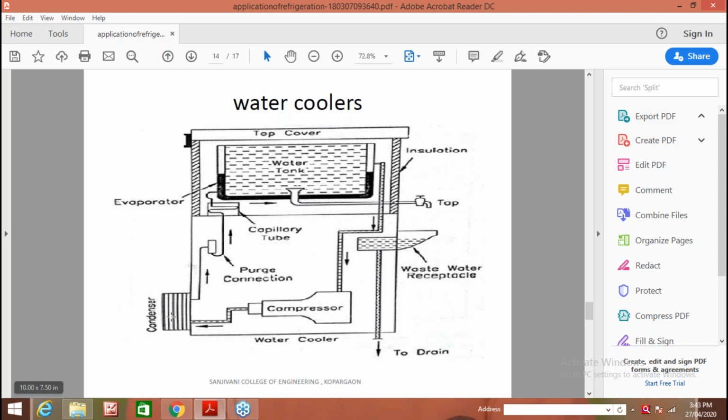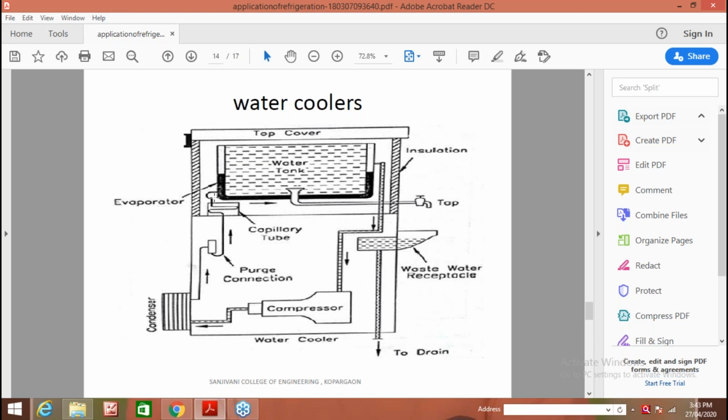Now this liquid refrigerant with high pressure goes to the evaporator through this capillary tube. The capillary tube reduces the pressure of this liquid refrigerant. Now this low pressure liquid refrigerant goes to the evaporator, and again it takes heat from the water, which is placed in the evaporator and which is there to be cooled, and again the cycle is completed.